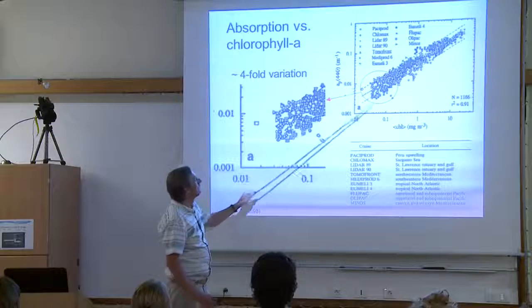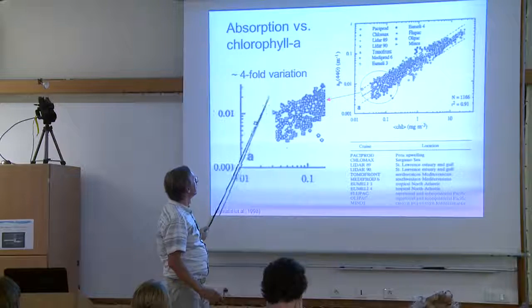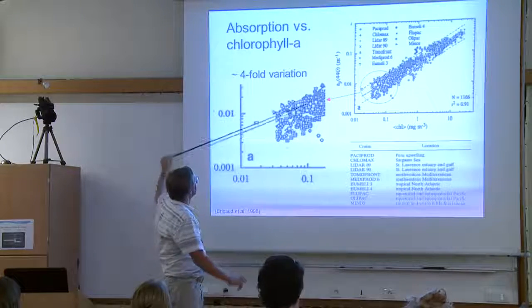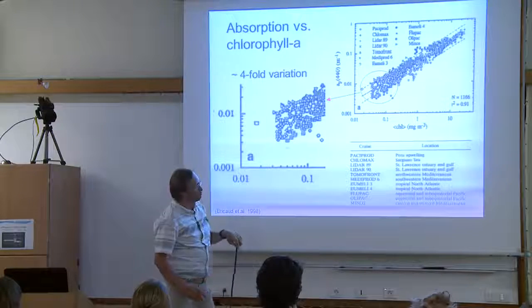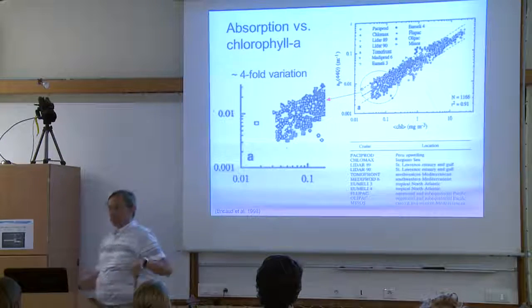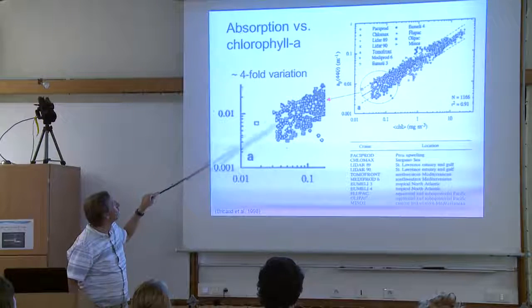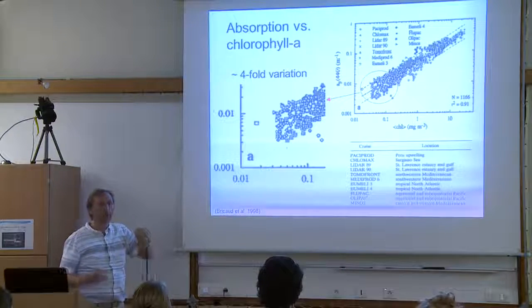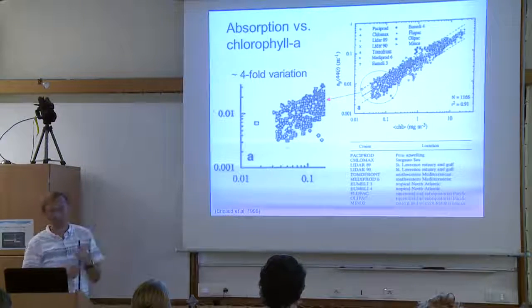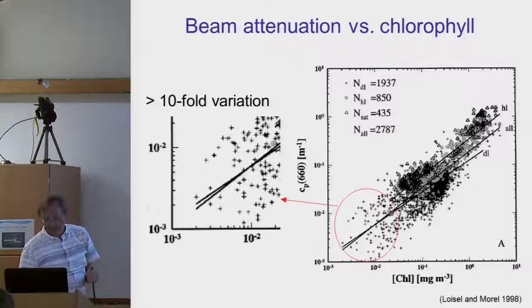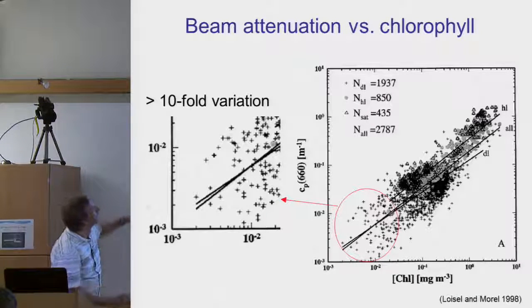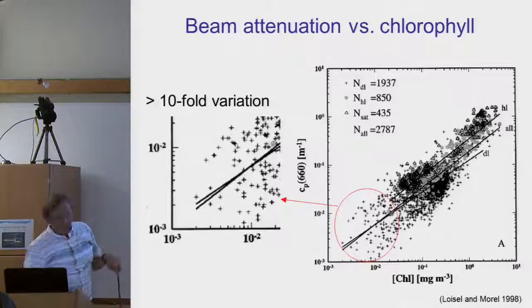But if you zoom in on a portion of it and look at the variability, it can be pretty high: a factor of 2 or 3, even a 4-fold variation. For any given chlorophyll, you may find a significant variation in optical property. And this is similar variation, but for beam attenuation, which may be even bigger than for absorption, for obvious reasons.